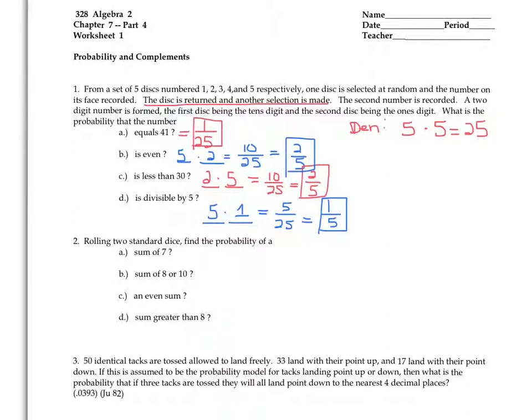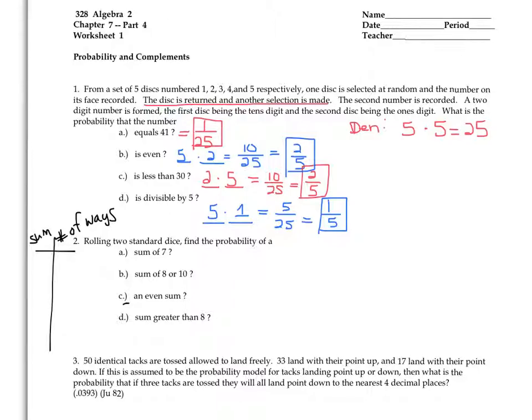Okay, the next one, rolling 2 standard dice, find the probability of. Well, you can either use your dice chart that we did last chapter, that shows all the details, or you can just go ahead and create the quick one that shows your sum and the number of ways.